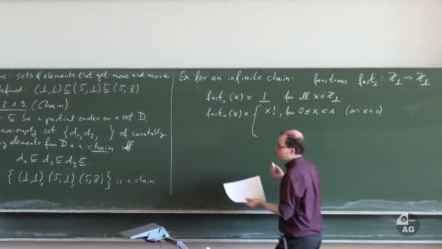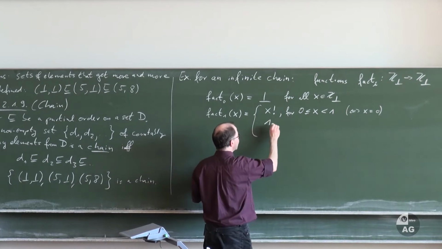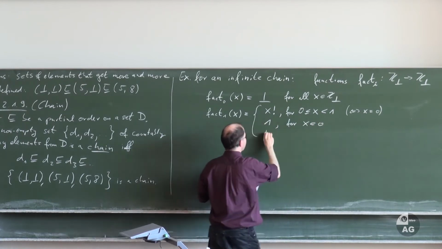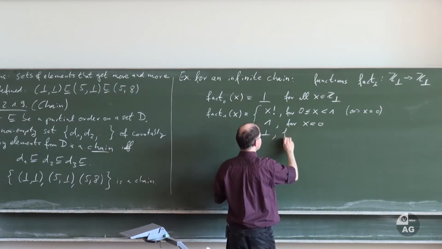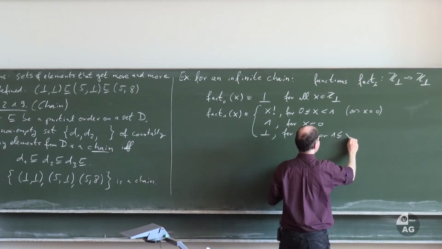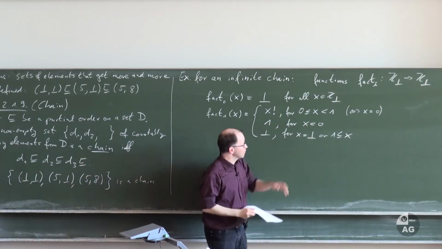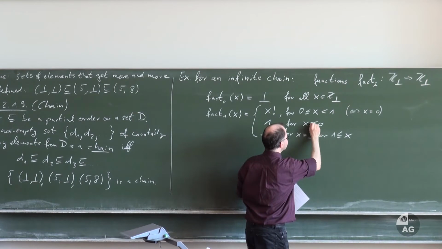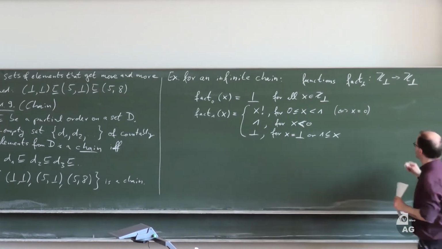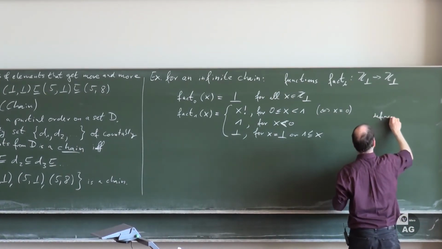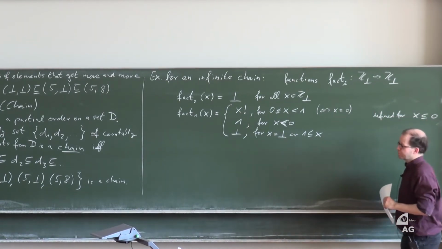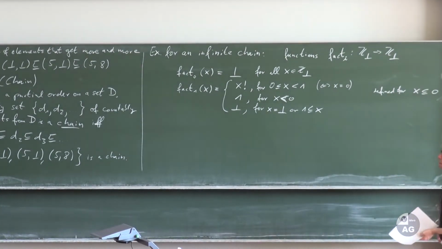And, well, for negative numbers, I don't know how the factorial is defined for negative numbers, so I defined it to be 1. So for negative numbers, it returns 1, and otherwise it's undefined. So if x is bottom or x is greater or equal than 1, then it's undefined. Well, if we say that the factorial for negative numbers is indeed 1, then this does the right thing for all numbers less than or equal to 1. So in particular, this is defined for all x less or equal to 0. So this does the right thing for negative numbers and for 0.